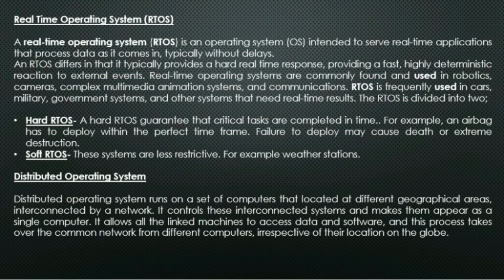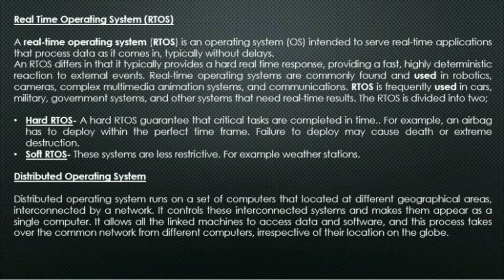So what happens? Immediately the airbag should be released. That is performed with the help of RTOS or real-time operating system. Within a short time period, the airbag should be released. Then only it saves the life of a human. Otherwise, the human will die, isn't it? So that is known as RTOS.